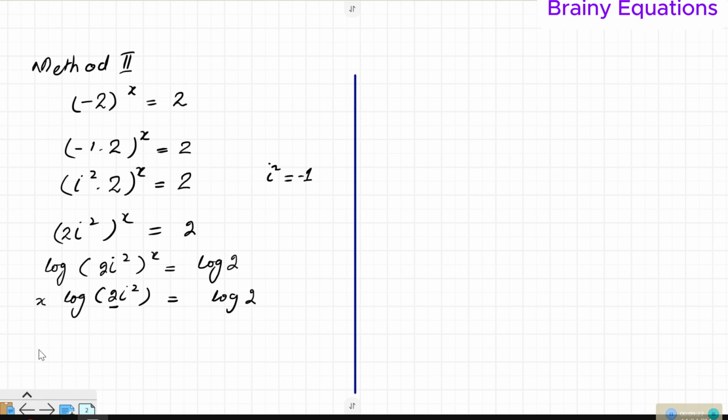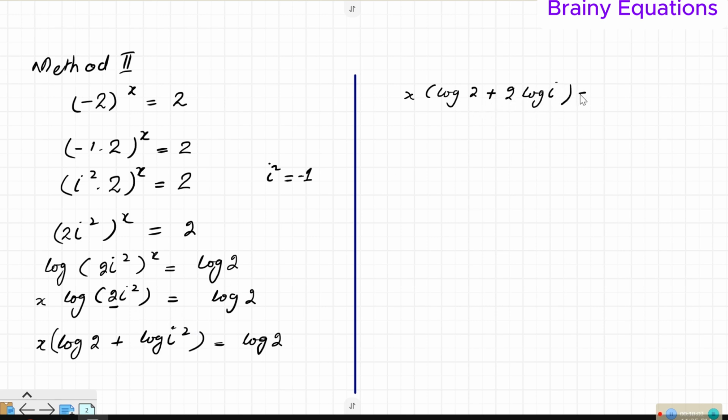And here again we will apply a very common rule of log: log of 2 plus log of i squared is equal to log of 2. Here we will write in the next step x (log 2 plus 2 log i) is equal to log of 2.